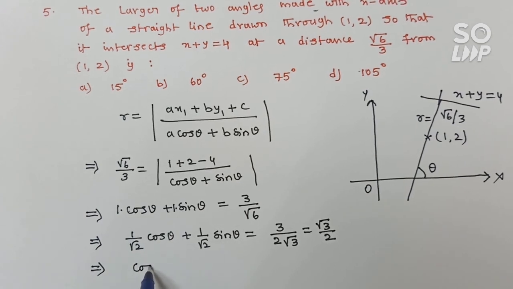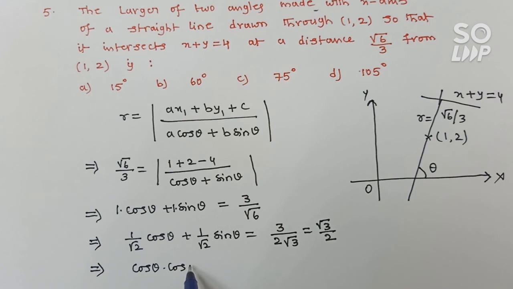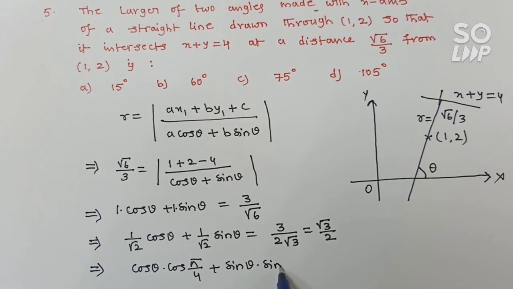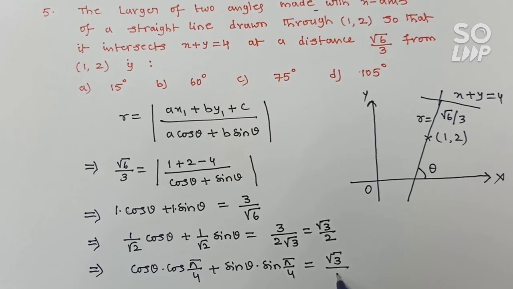So this is cos theta into cos pi by 4 plus sin theta into sin pi by 4 is equal to root 3 whole divided by 2.